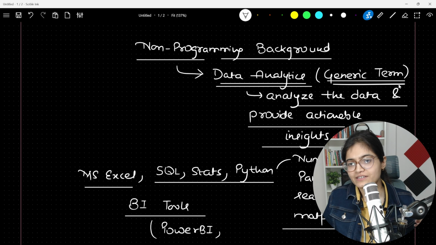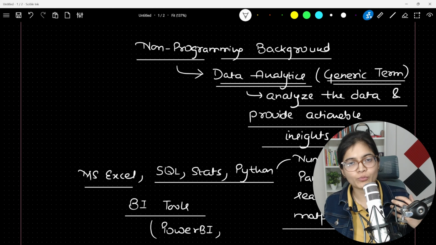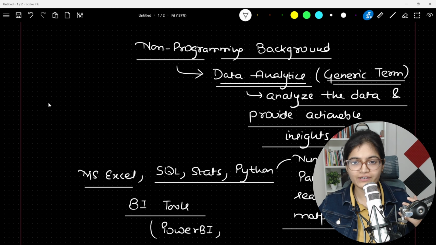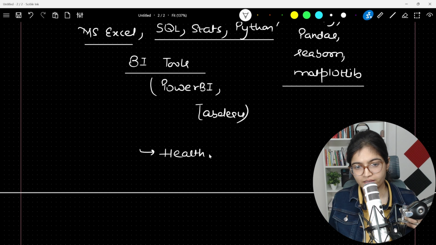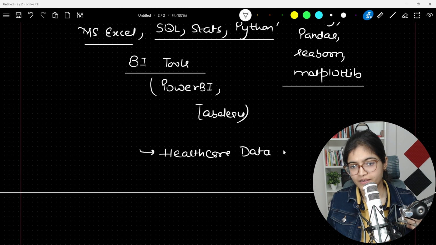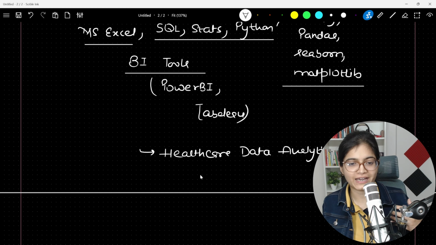For example, if you want to enter the healthcare domain, whenever you are searching for a job, search for maybe healthcare data analytics. So you might find the positions on the basis of that.